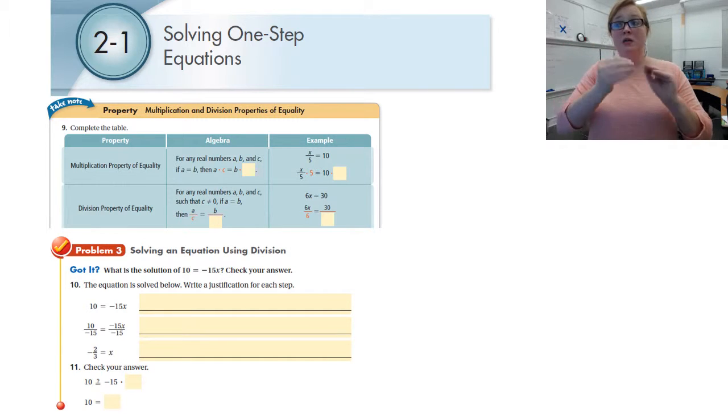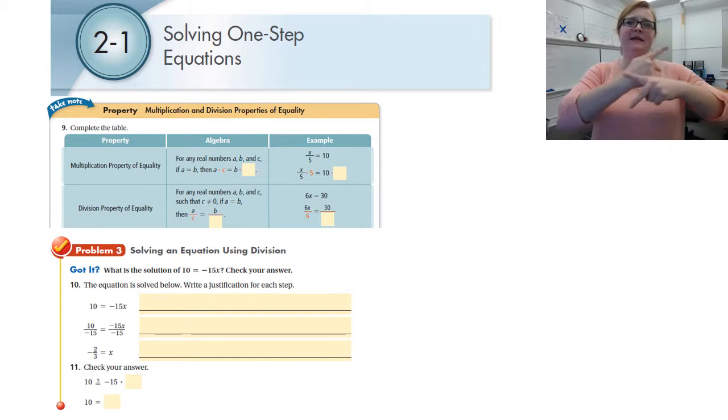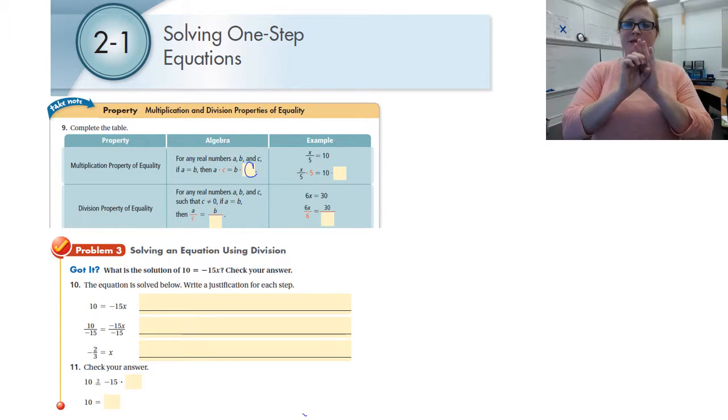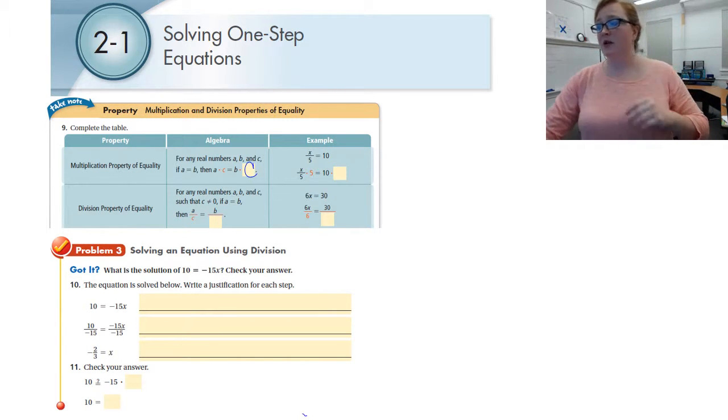For any real numbers A, B, and C, if A is equal to B, then A times C is equal to B times C. As an example, x divided by 5 is equal to 10. Dividing by 5, the opposite of that is multiplying by 5, both sides of the equation.